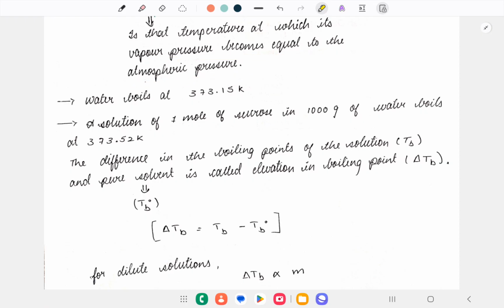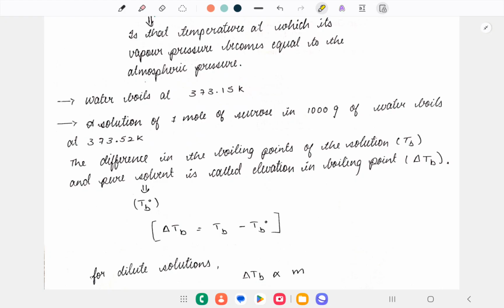However, the vapor pressure of the solvent will reduce in the presence of a non-volatile solute. We know that water will boil at a certain temperature, but if we add 1 mole of sucrose to 1000 grams of water, then it will boil at 373.52 Kelvin. So there is an increase in the boiling point.